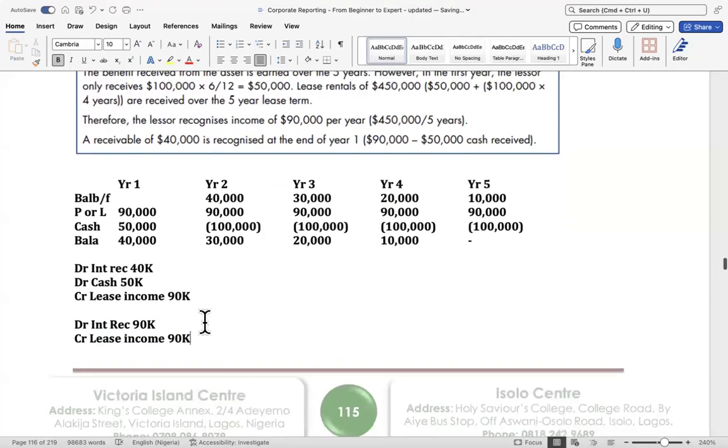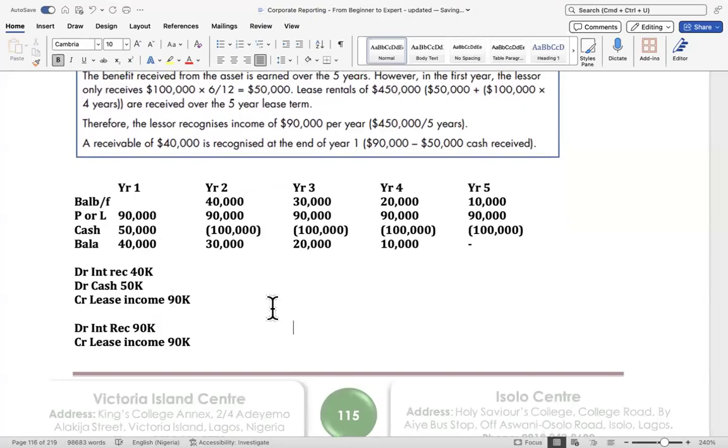Then the 50,000 that I collected, I'll simply debit bank or cash with that 50K, and I'll credit my interest receivable with that 50K. So automatically, since my interest receivable was 90K before, now I've credited it with the money I received, so it has now reduced to 40K.